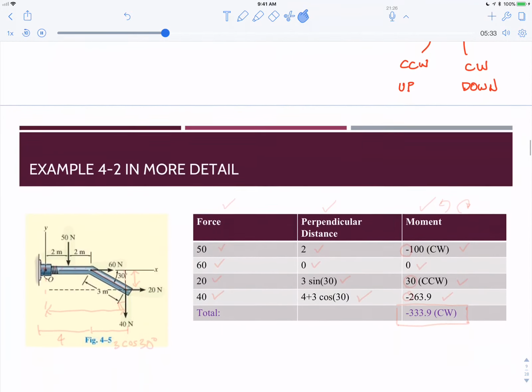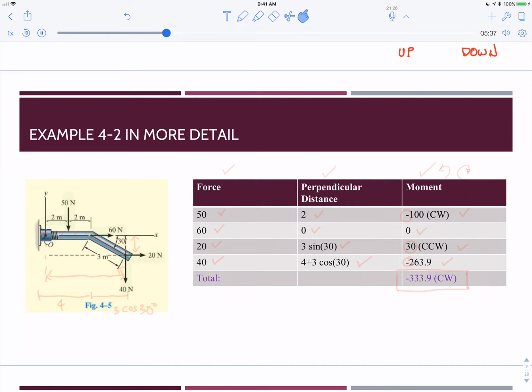Here's an example from your textbook that I want to look at in a little bit more detail. We'll go through all these forces and get their moment about the origin by examining the force and the perpendicular distance. So here is a 50 Newton force, and its perpendicular distance from the origin is 2 meters.